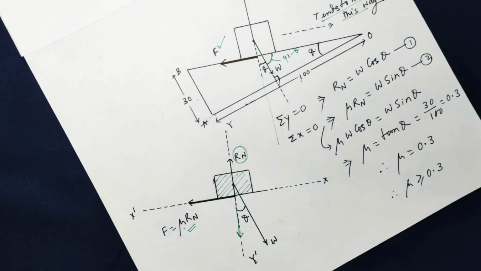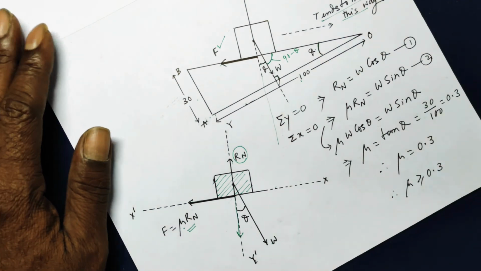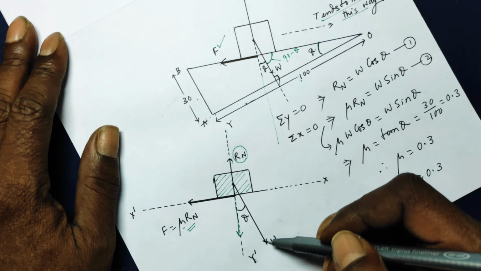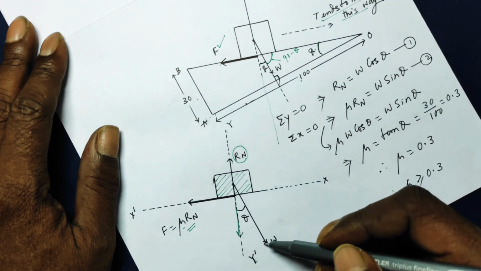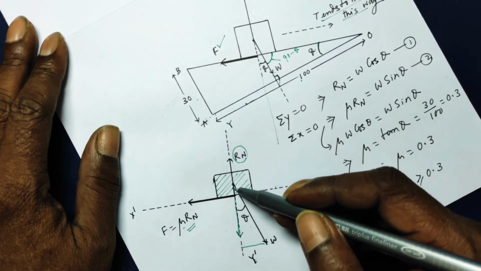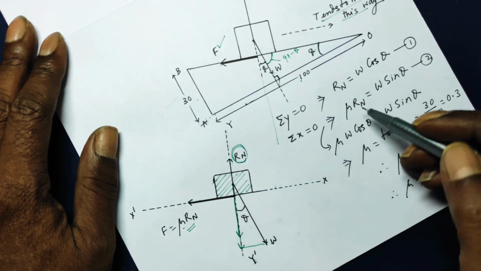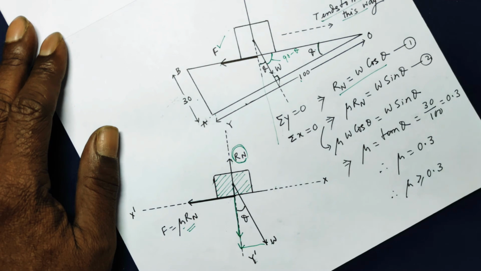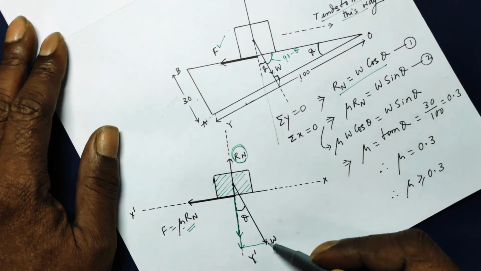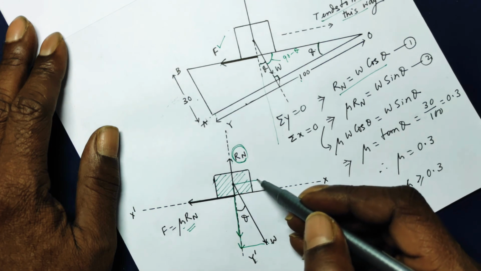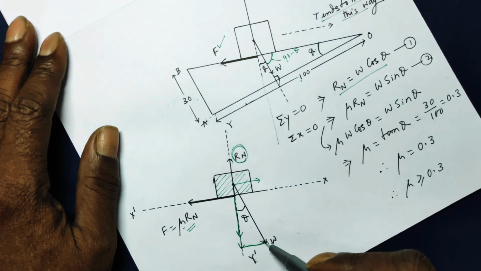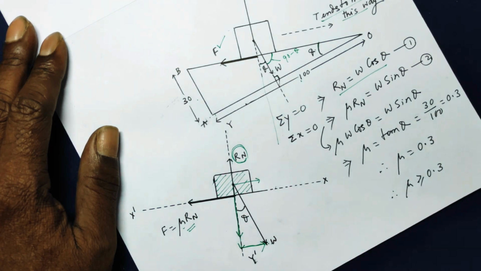If you take the component of W to this side by drawing a perpendicular, then this length will be W cos theta, that will be equal to your Rn. So Rn is your W cos theta. And if you take the component of W to this side, it will be W times sin theta.